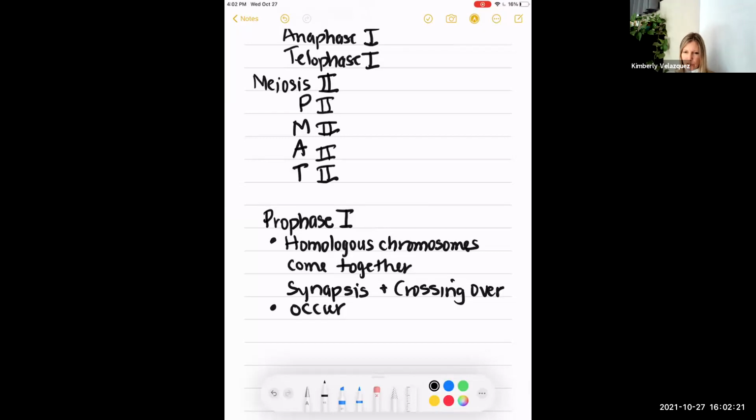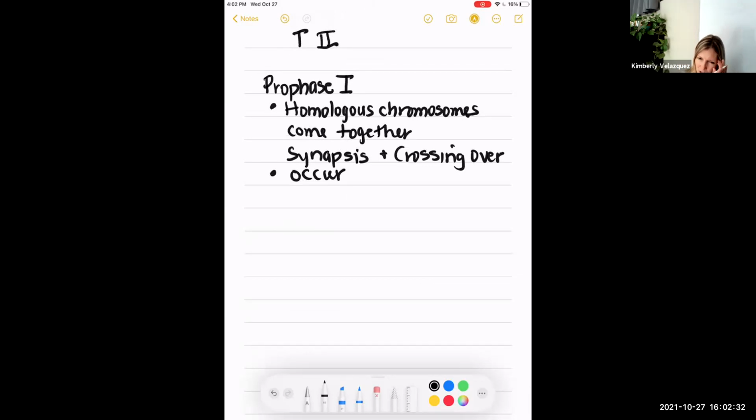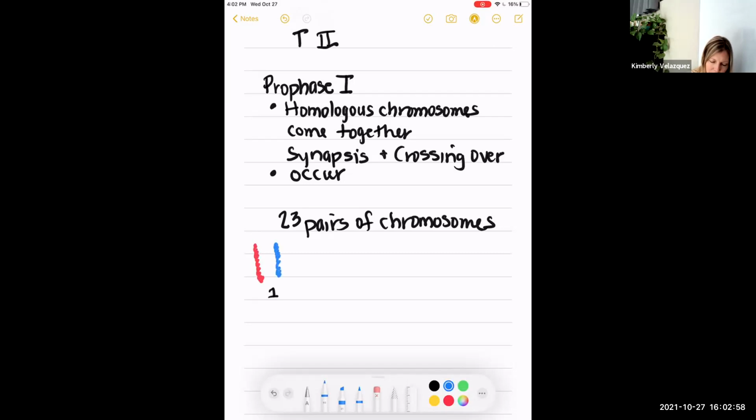Remember, the homologous chromosomes are the same number and they code for the same traits in the same location. So let me talk a little bit more about that. You have 23 pairs of chromosomes. And if we looked at a picture of your chromosomes, you would see that for chromosome number 1, you have one of those that came from mom and one of those that came from dad.